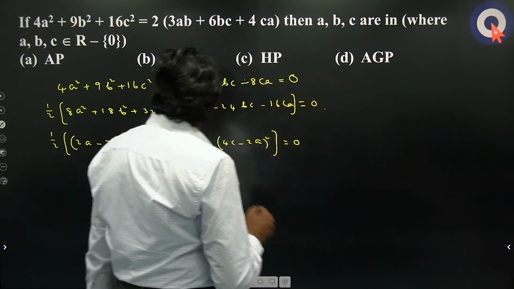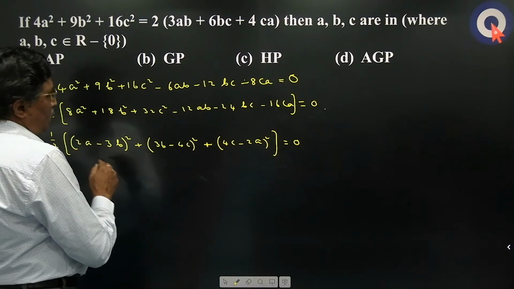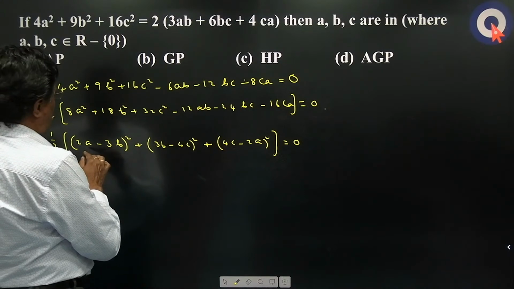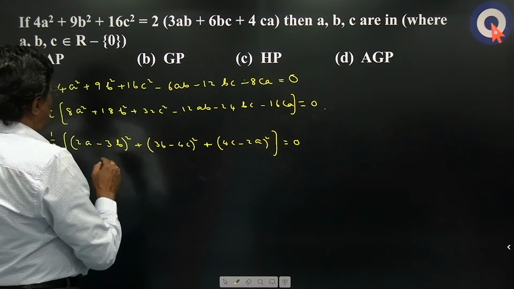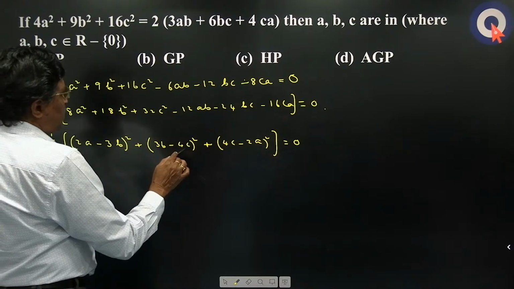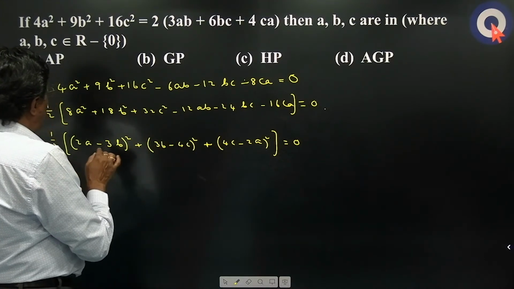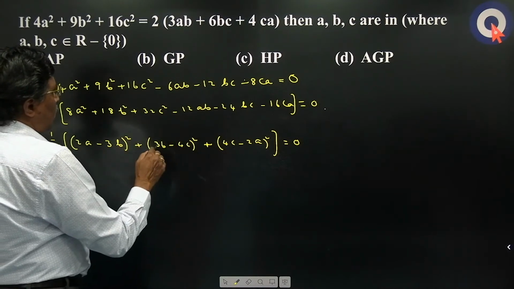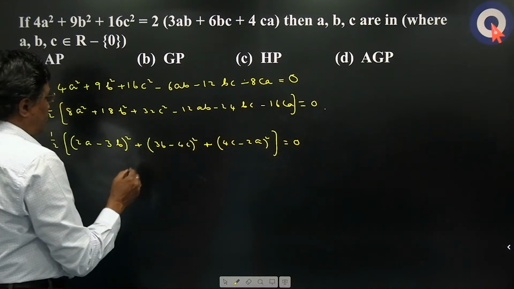But if you want, you can make one check. 4a square here and 4a square here, so 8a square. You have 9b square and 9b square, 18b square. And you have 16c square and 16c square, so 32c square. And you have minus 12ab, minus 24bc, and minus 16ca. So it's taken care of.